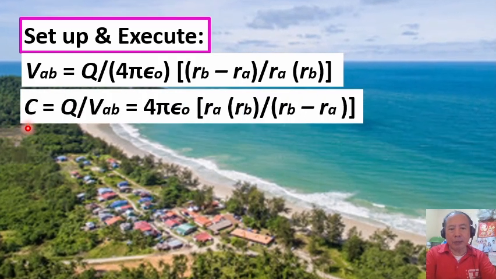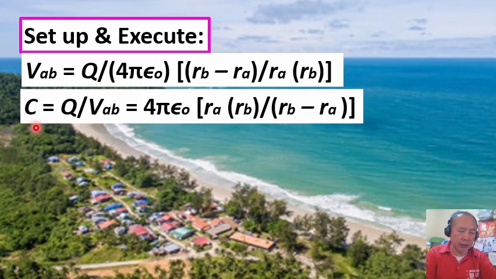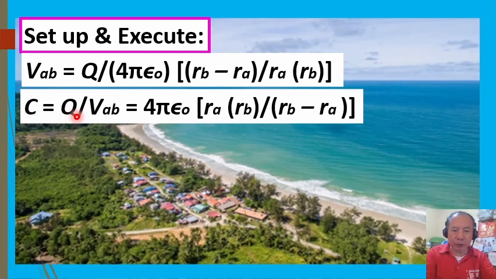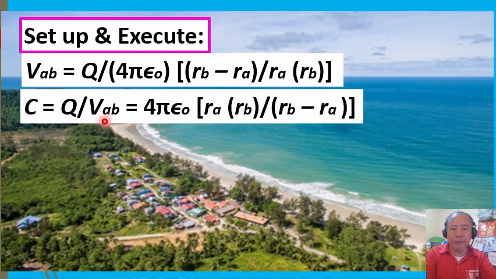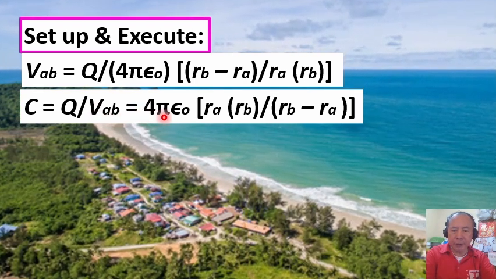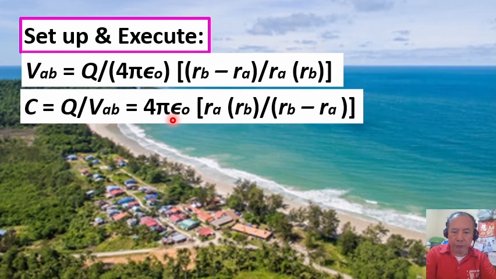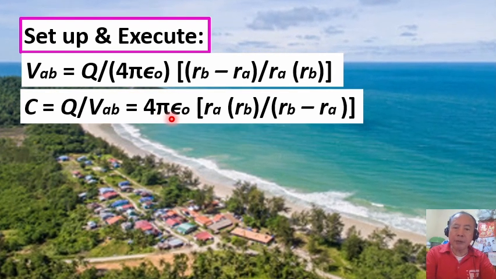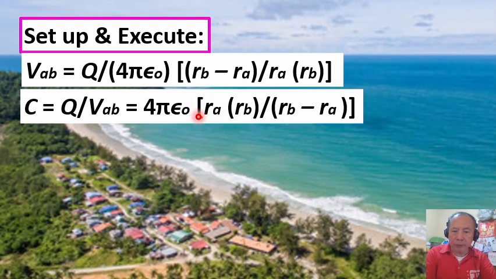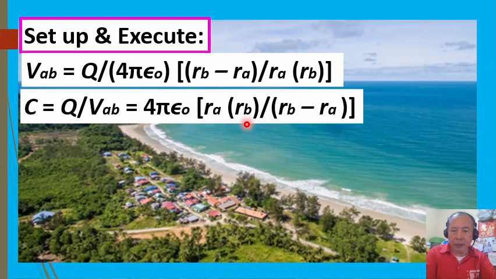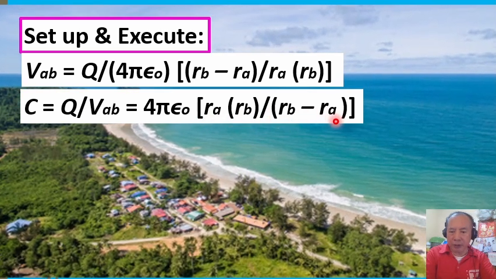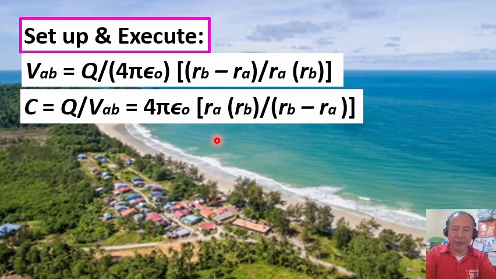The capacitance of the capacitor is equal to the capacitor charge big Q divided by the potential difference V sub AB, or that is equal to 4 pi times epsilon naught, multiplied by the ratio r sub A times r sub B divided by r sub B minus r sub A.